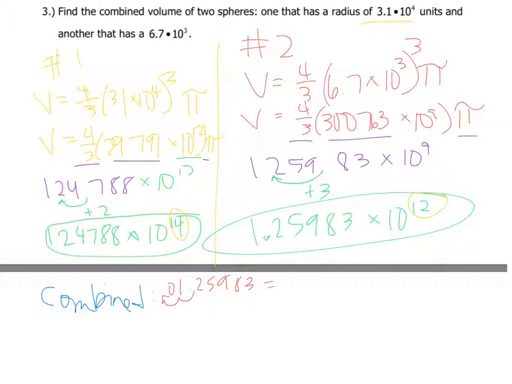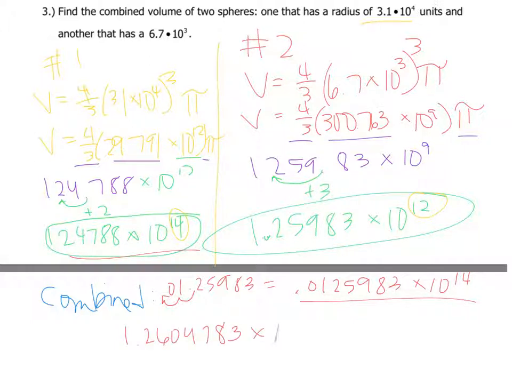So it becomes 0.012593 times 10 to the 14th power. So now we're going to take this number and combine them. So 0.012593 plus 1.24788 becomes 1.260473 times 10 to the 14th power.